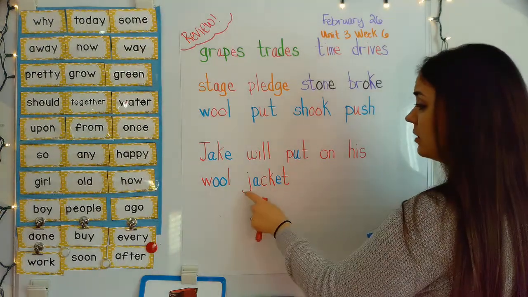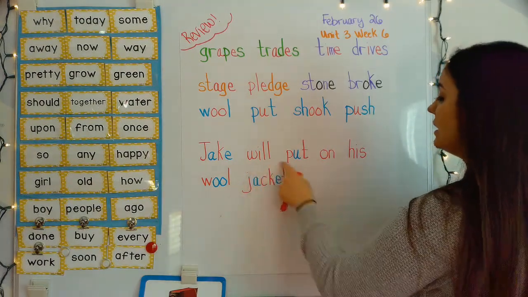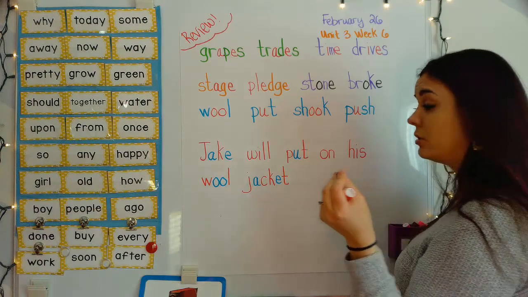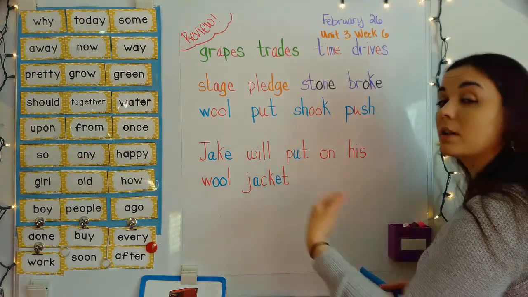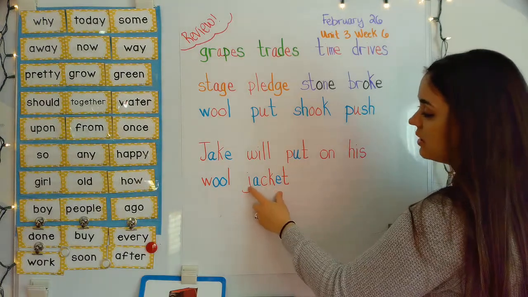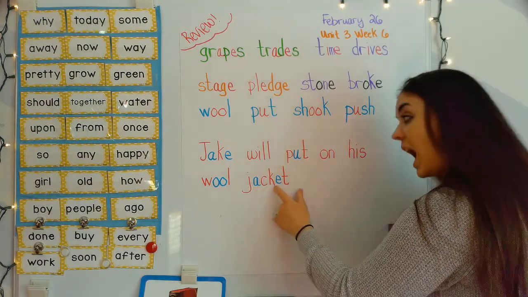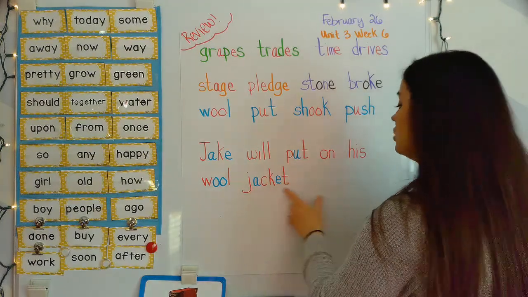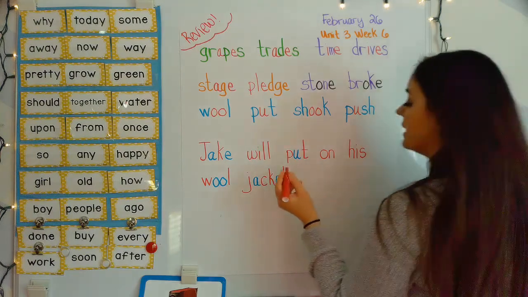So this one has 1, 2, 3, 4, 5 sounds in it. So it really helps if you can chunk a couple of sounds together, or break it up into words that you already know. So if you're starting to sound it out, ja, ak, jack, et, jacket. Jake will put on his wool jacket.